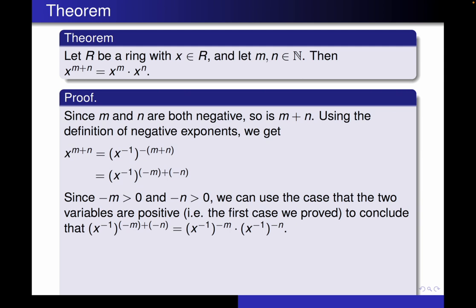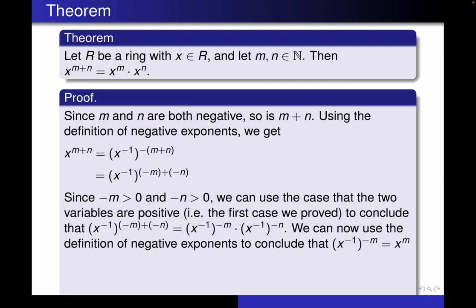So that tells us that (x inverse) to the negative m plus negative n is equal to (x inverse) to the negative m times (x inverse) to the negative n. And now if those two factors look at all familiar, they are exactly the negative integer definition of exponents, right?